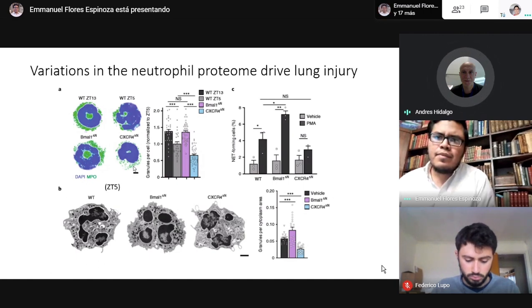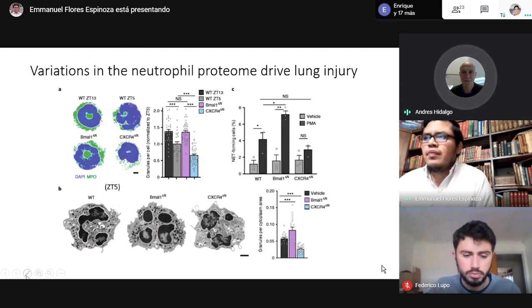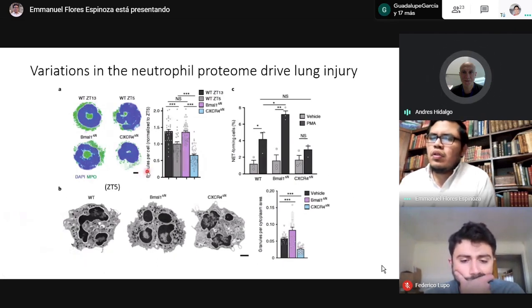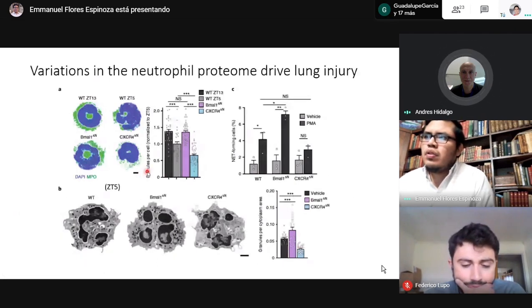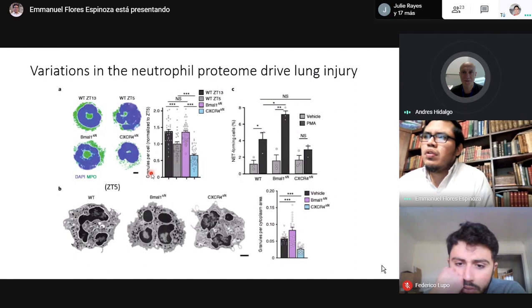As a way of self-critique here, for us it was very difficult to discriminate, in the CXCR4 mutant, which has a very strong phenotype, between the granules not being formed or the cells being excessively degranulated.